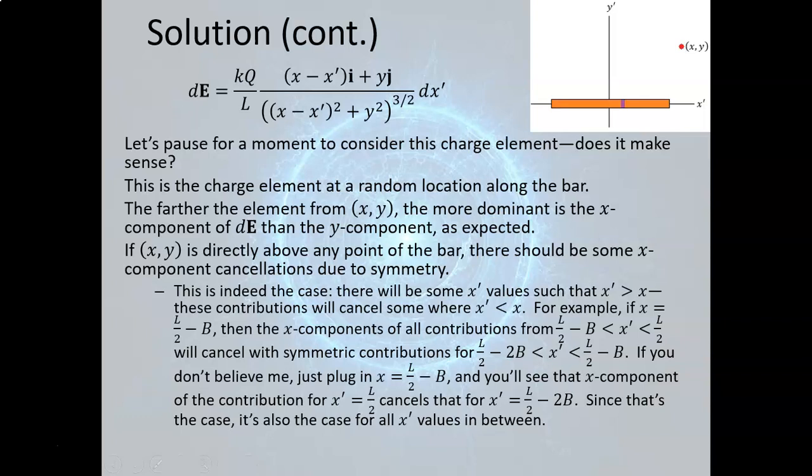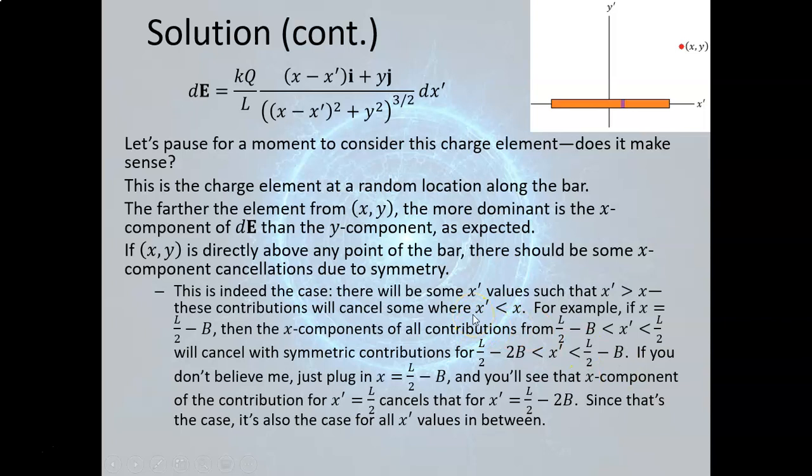So again, if you don't believe that, just plug in the endpoints and you'll see that at least those cancel. And since those cancel due to symmetry, all of the points in between are going to cancel due to symmetry. So in other words, if our x value is less than L over 2, things still end up working out, because you can see that's what happens when you plug that x value into the differential version of the electric field equation. You get cancellations in the i direction from those corresponding terms.